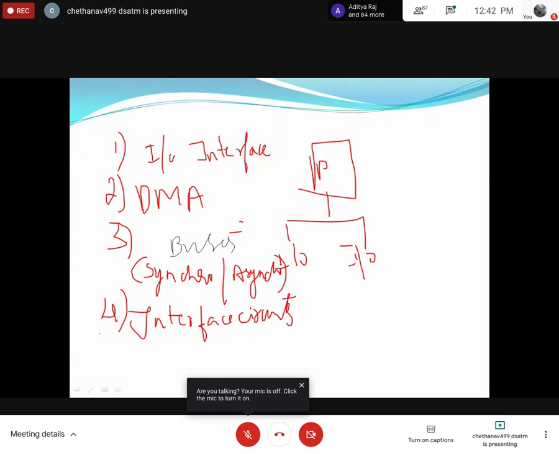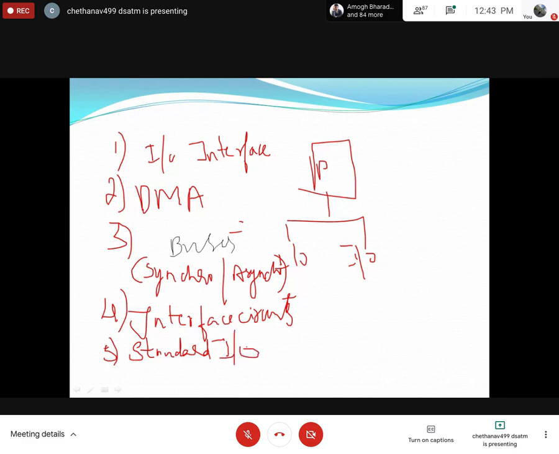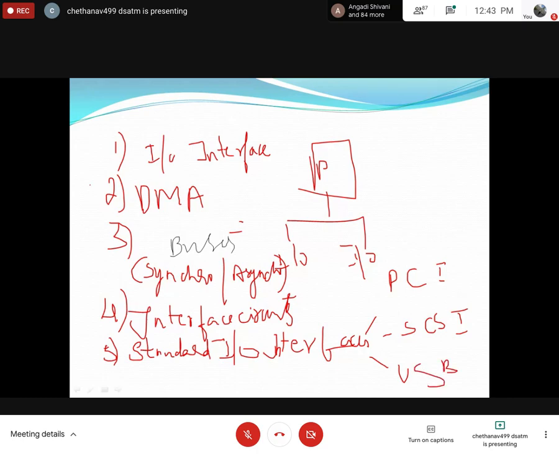After that, the very important thing is the PCI bus, that means standard input output interfaces, consisting of three types: first is PCI, second is SCSI, third is USB. So like this, we have some information about our module 2.